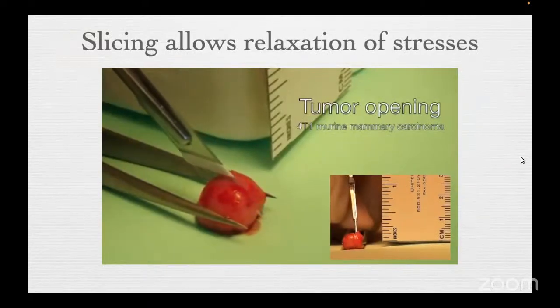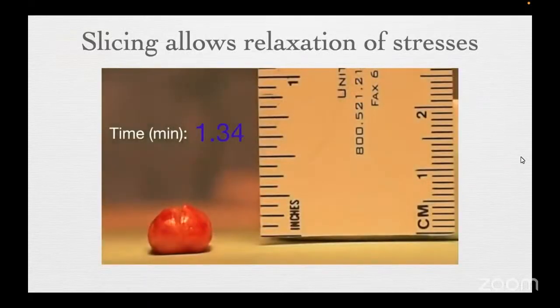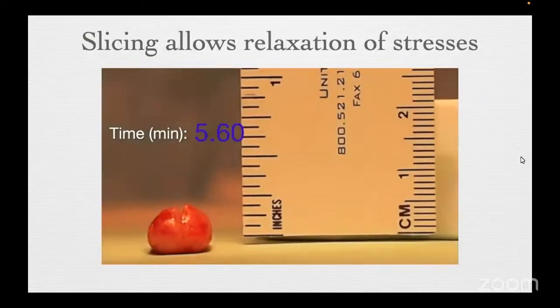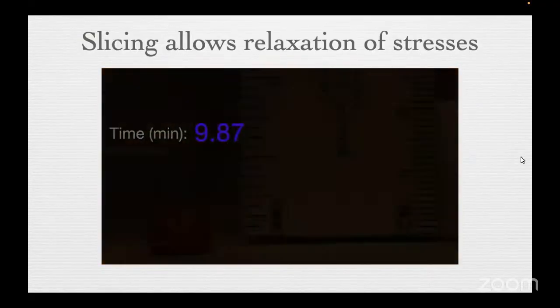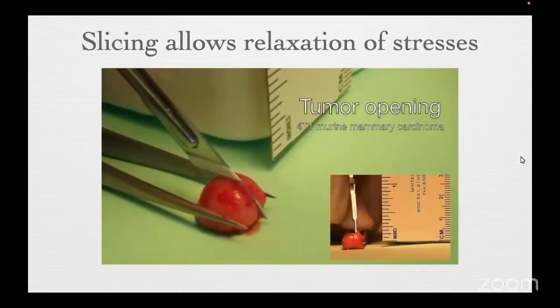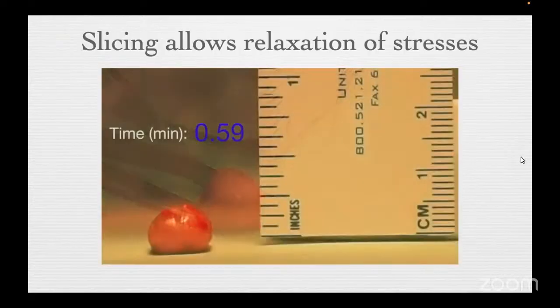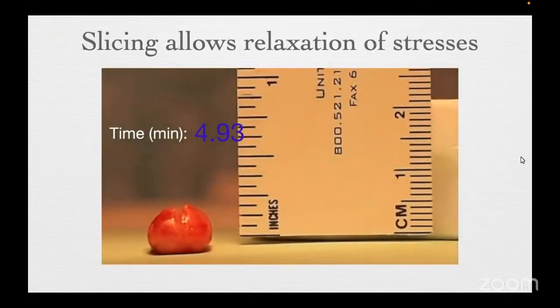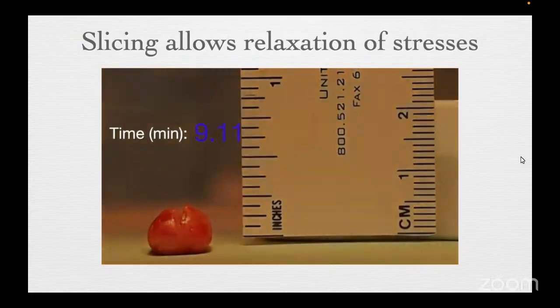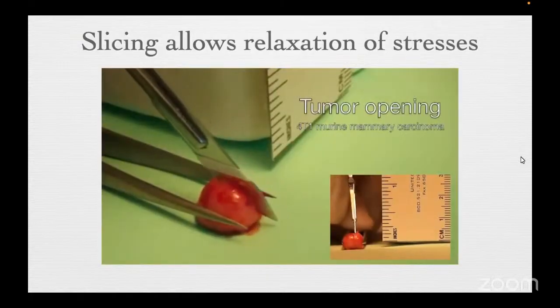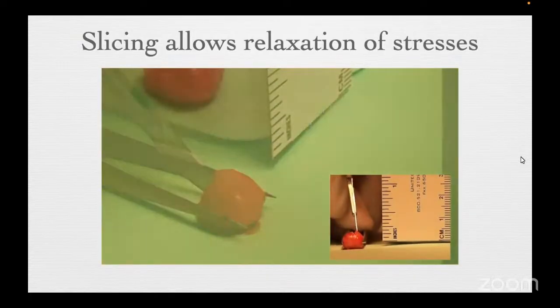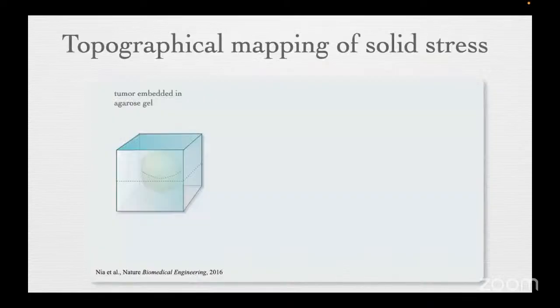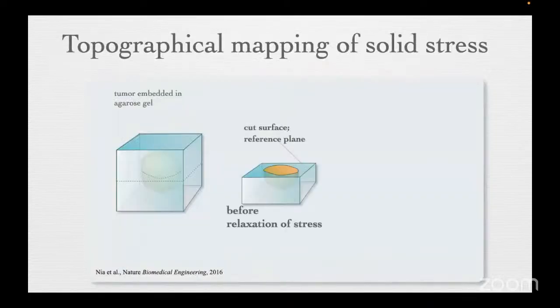Over the years, we found ways to measure solid stresses in mouse models. And what you see here is a tumor from a mouse that's been taken out. If you cut through it, it actually deforms. It's deforming because you're releasing built-up solid stresses in the tissue. And so you can use that phenomenon to actually make measurements of the solid stress.